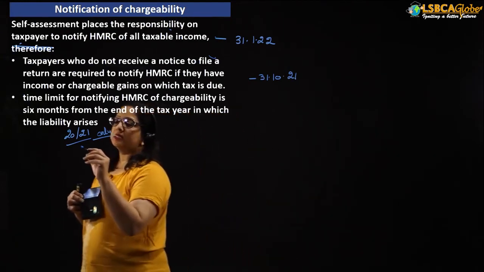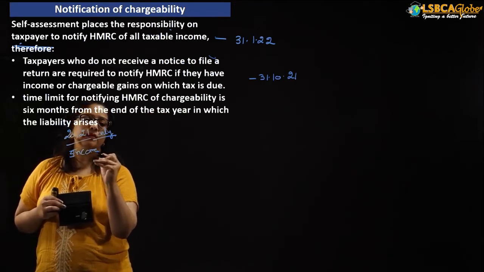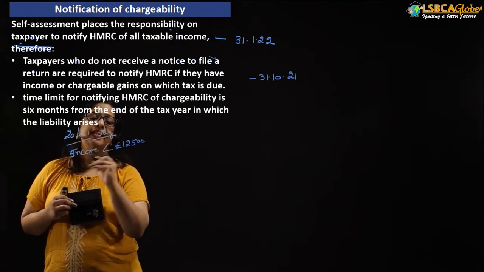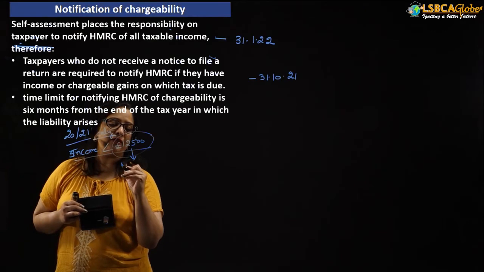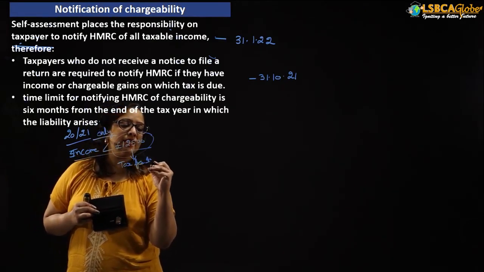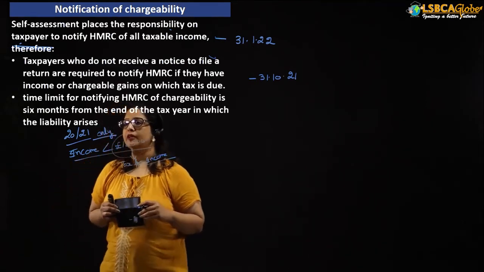If that person's income is less than 12,500, then that is less than the PA. Now you know that up to 12,500 is a tax free income. Then also is there a need to notify, class? Tell me.